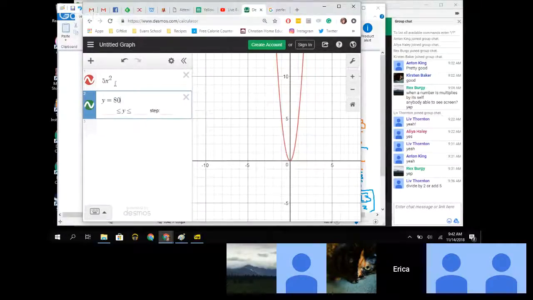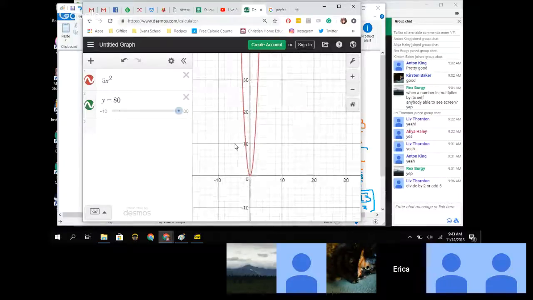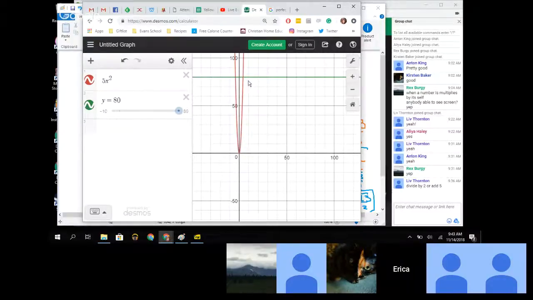Okay, so again, 5x squared is this very simple parabola, right? It's at the origin. And we want to find out where it equals 80. So we're going to have to do some zooming out. And that point of intersection is when x equals 4, my expression equals 80. And when x equals negative 4, my expression equals 80. So I just want to put that full circle for everybody, so you can visualize what you're doing as well.